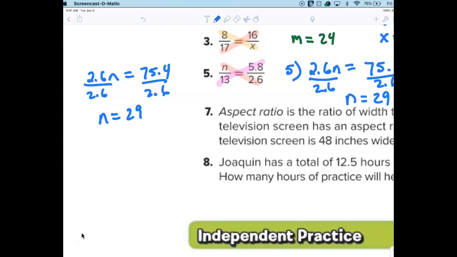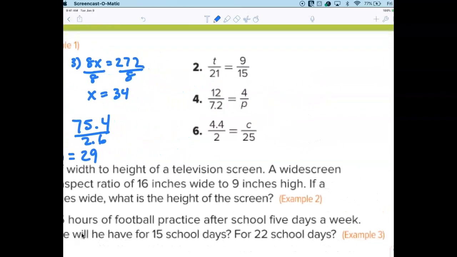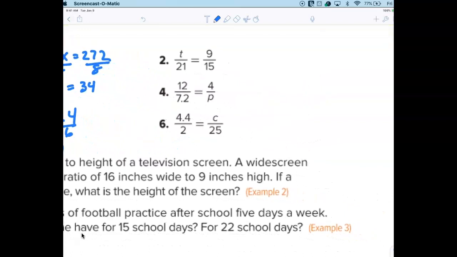All right, now what I want to do is take a look at number 2. Now you are allowed not to show any work because I taught you how to do it properly. So on number 2, everybody puts T equals. Now you use your calculator and cross multiply and divide.